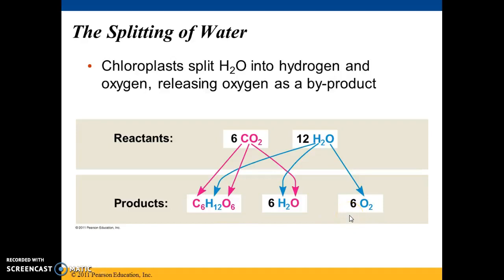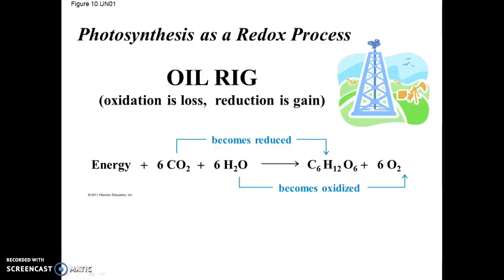So we looked at the Van Niel experiment in class, and we realized that this oxygen that's released in photosynthesis is actually coming from water molecules. In a process known as photolysis, using light energy, water molecules are split, the hydrogens will be further split, and the oxygen molecules will be released as a byproduct.